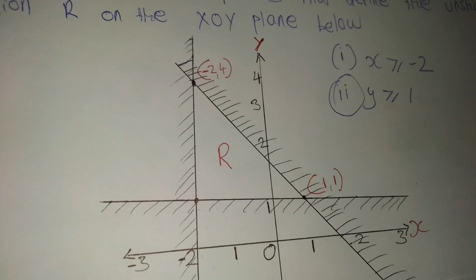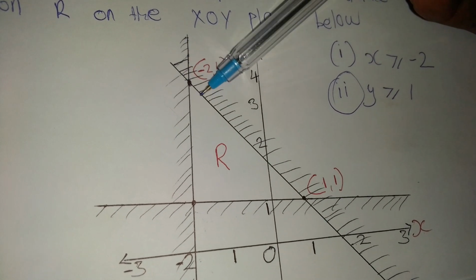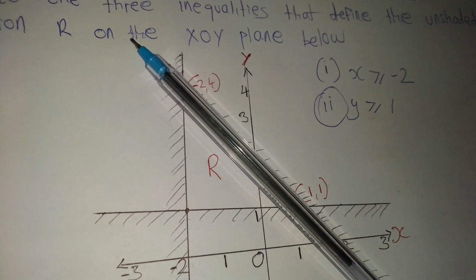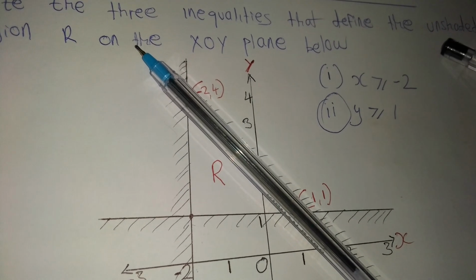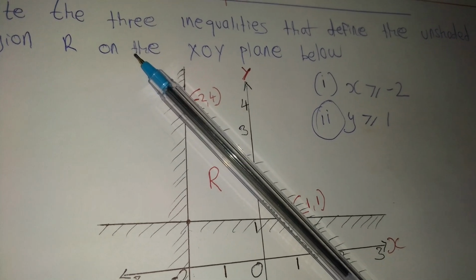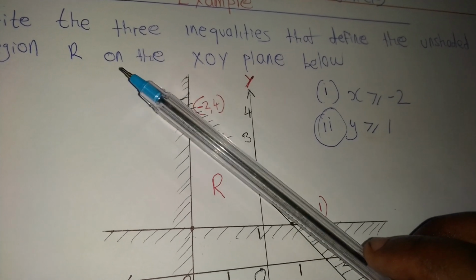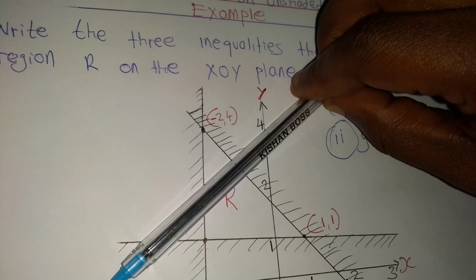Then for the third inequality, as you can see, there is this sloping line, and it is shaded this side. Whatever line is sloping, it can slope like this, or sometimes like this, in any direction.